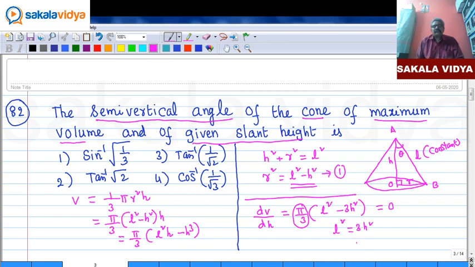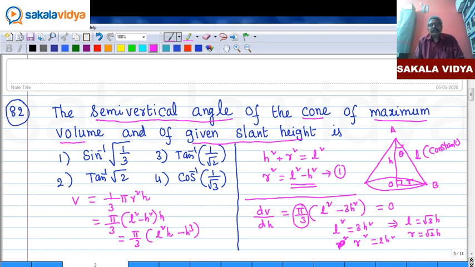L square minus h square equals 2h square, so r square equals 2h square. Now L equals root 3 h, r equals root 2 h.